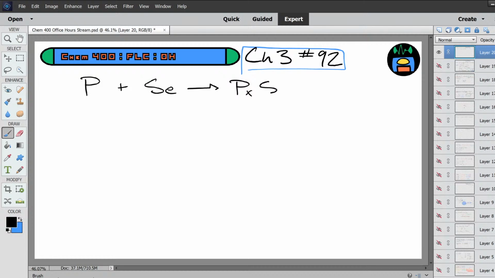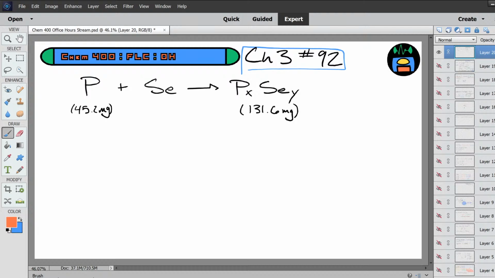And I'm going to put an X as a subscript for phosphorus and a Y as a subscript for selenium because we don't know what those subscripts are. We're told that we have 45.2 milligrams of phosphorus reacting with selenium to produce 131.6 milligrams of the selenide.